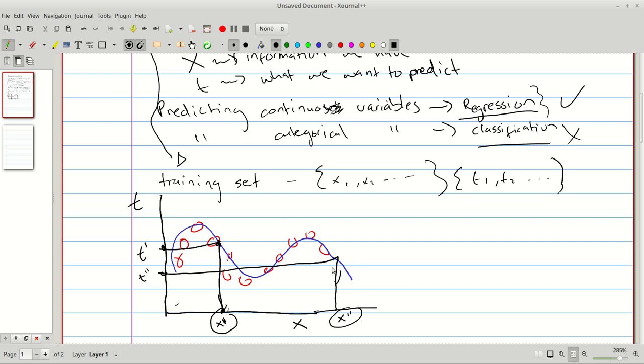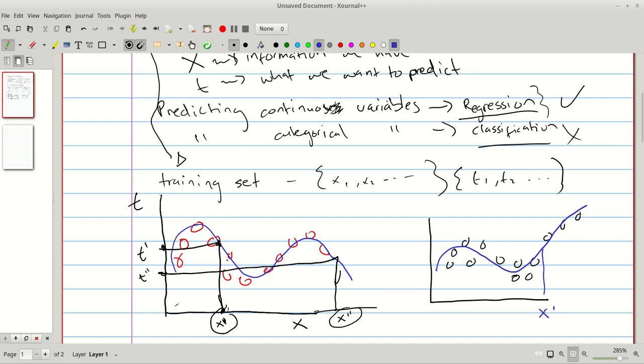That's essentially what regression is, right? Basically, you're given a bunch of data points, and based on that, you're trying to predict the perfect line, the perfect fit. Because of this, if someone gives me some point x prime, I can easily predict what the corresponding t prime is.